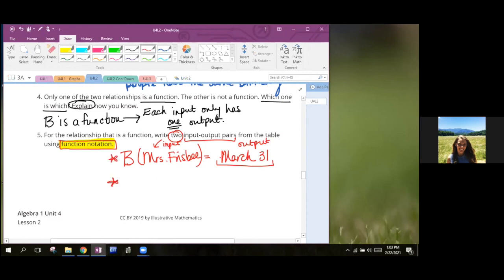Now, y'all can just do one more because they only asked you to write 2, but send it to me in the chat. And then you won't have to write it in the book because we already have one written in the book.